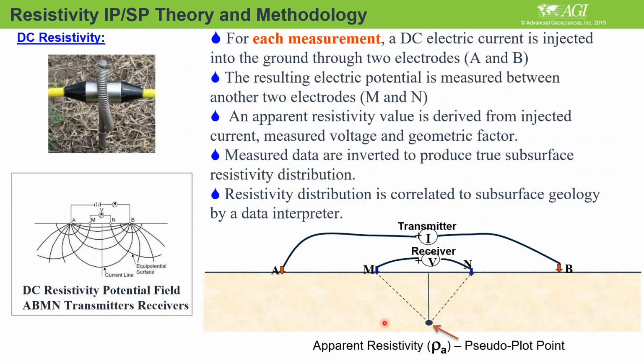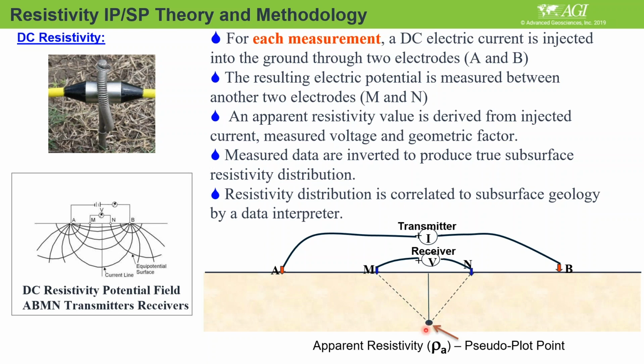So what you're measuring is the potential difference between points M and N, which typically corresponds with the midpoint of those measurements. This is typically like an equally spaced Wenner configuration, with A and B electrodes outside, equally spaced, and M and N inside. This gives a strong signal, mainly when your current is outside and M and N is inside.